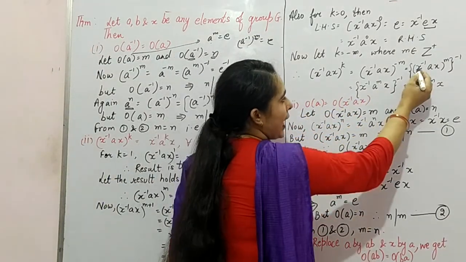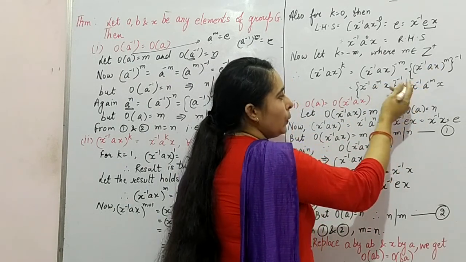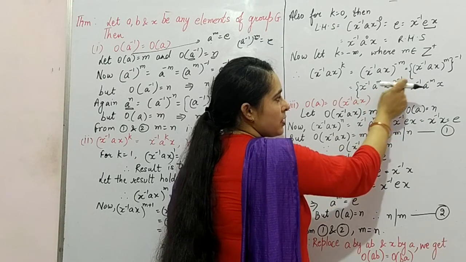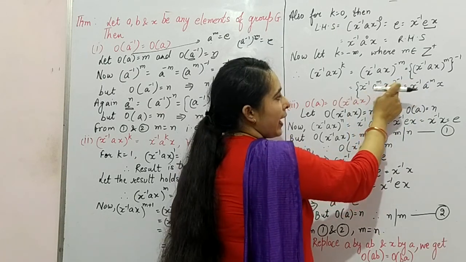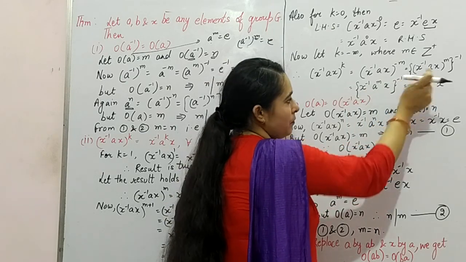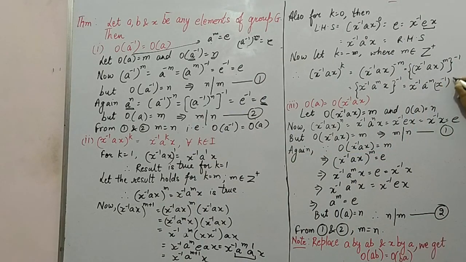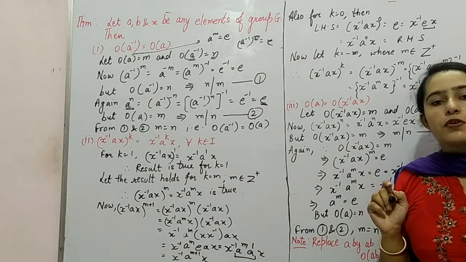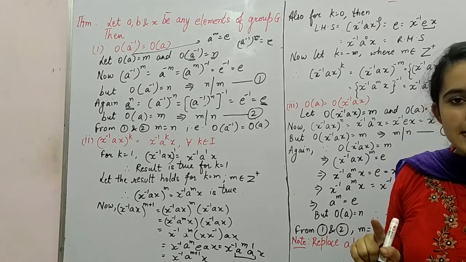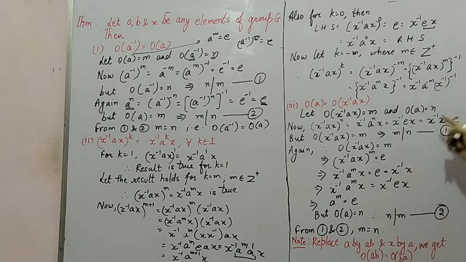You can write (x⁻¹a^m x)⁻¹. Now distributing this inverse inside, what you get? x⁻¹a^(-m), that is a raised to the power minus m, and here you will get (x⁻¹)⁻¹, and we know that the inverse of an inverse is equal to the element itself. We have already discussed this. So that means the inverse of x⁻¹ will be equal to x, right?